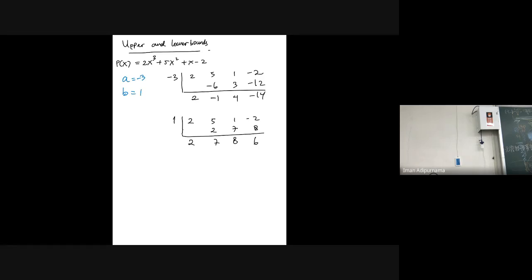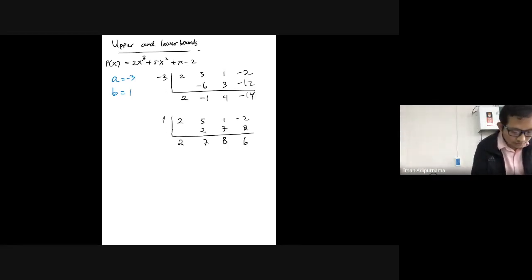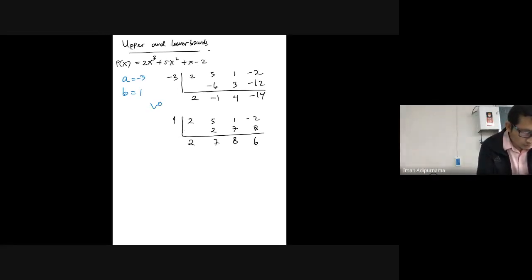The result from the second one is all positive. The result from the first case alternates: positive, negative, positive, negative. By definition, the first case is a lower bound.